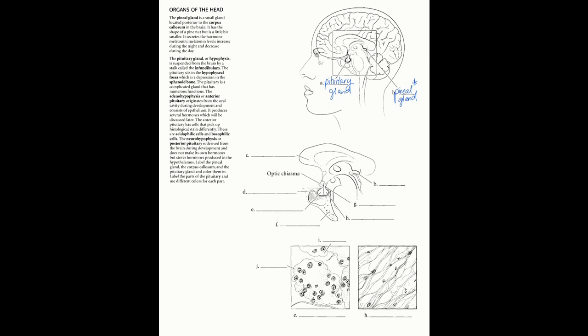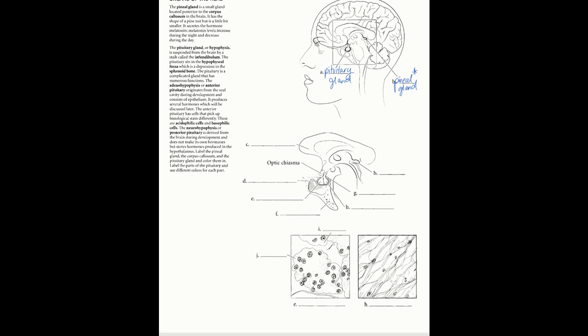Let's go ahead and focus on this middle diagram in a little more detail. So we have the pineal gland here, which is more posterior. But what this diagram really is talking about is the supporting structures of the pituitary gland.